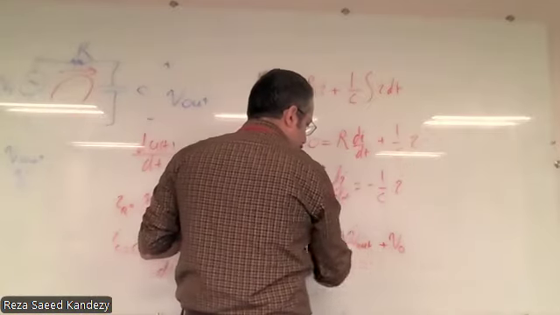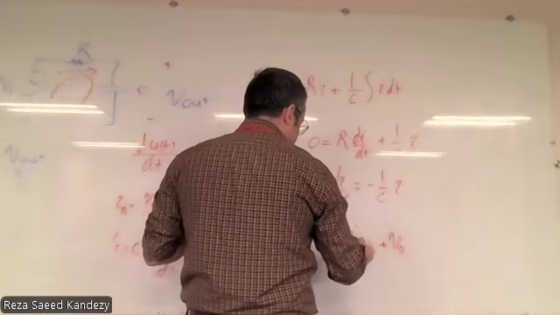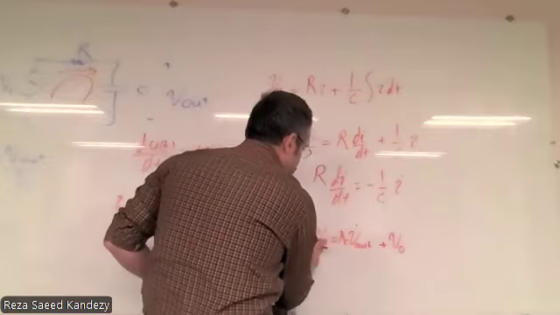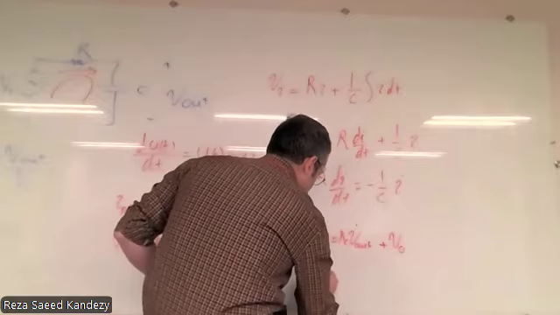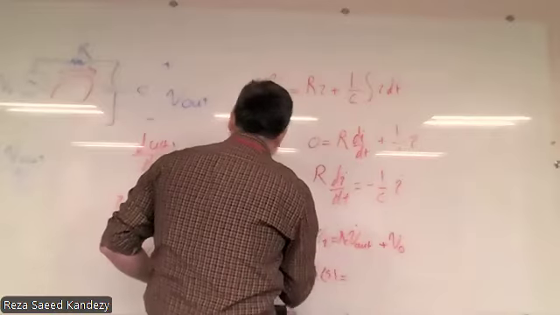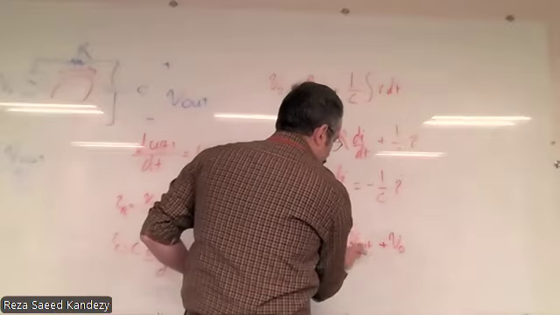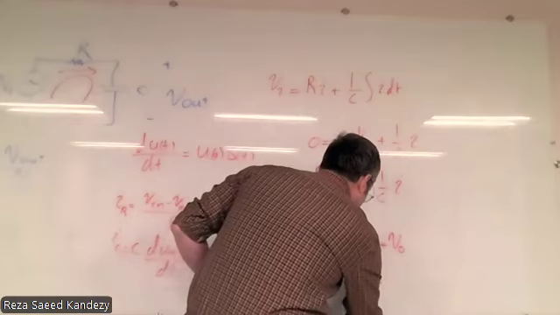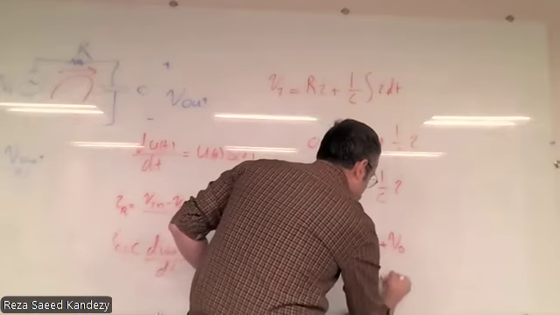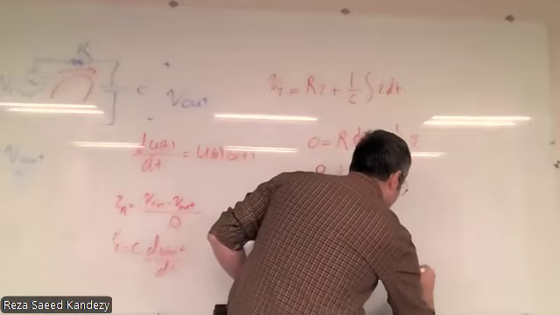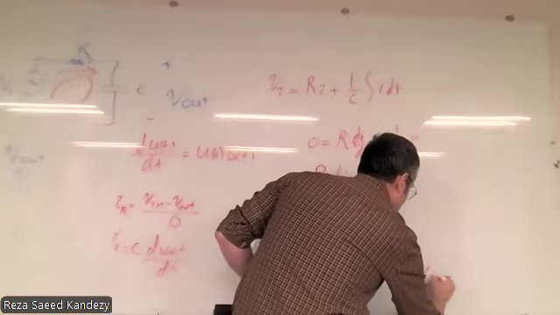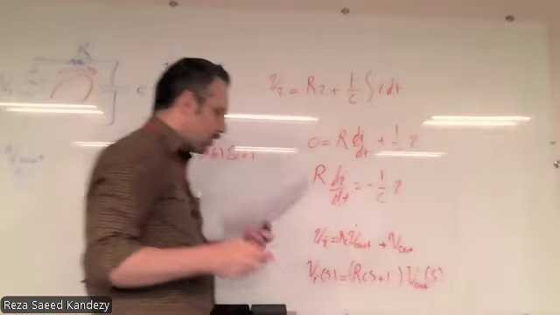If you take a Laplace transform of this equation, the Laplace transform of the input voltage is going to be the Laplace of that input voltage. We are going to keep it because we need it. The RC V dot is going to be RCS, we have a plus 1, and the output voltage is simply the Laplace of the output voltage.